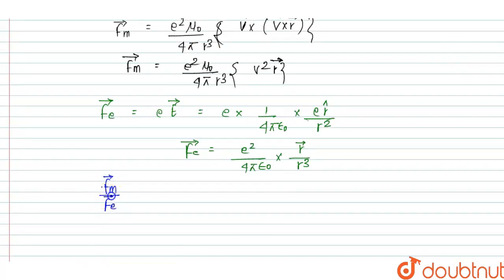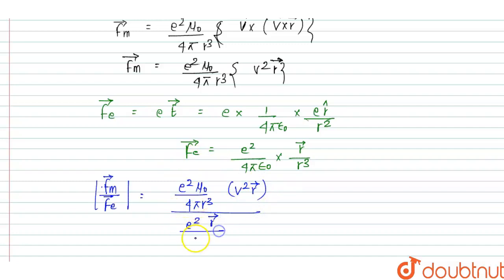This is equal to the magnetic force, that means e square mu naught upon 4 pi r cubed, v square into r vector, upon the electric force, e square r vector upon 4 pi epsilon naught r cubed. The common terms cancel, and after solving we get v square upon mu naught into epsilon naught.